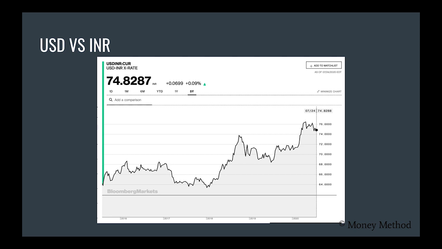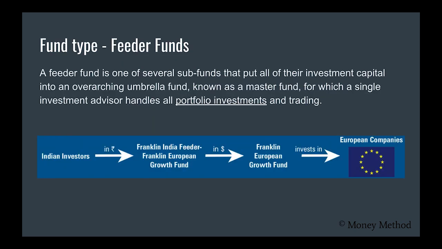So 5 years back, if you bought $100 for 6,400 rupees, today the same dollars would be worth 7,500 rupees, even if you had not invested anywhere else. Now think about it: you are investing in dollars, so the dollar is growing, and so is your investment. That is a way of getting additional returns.